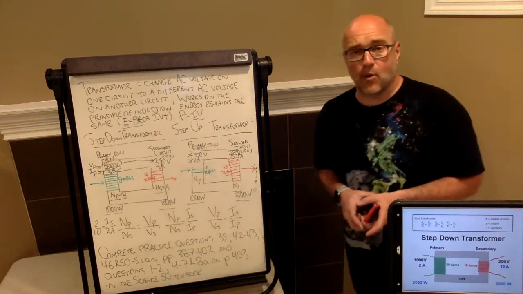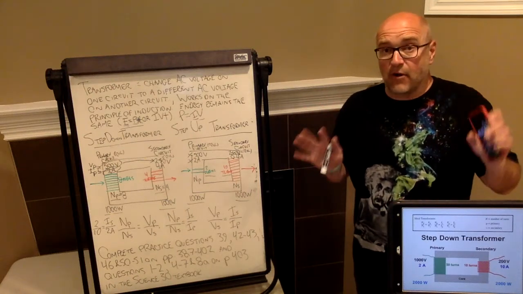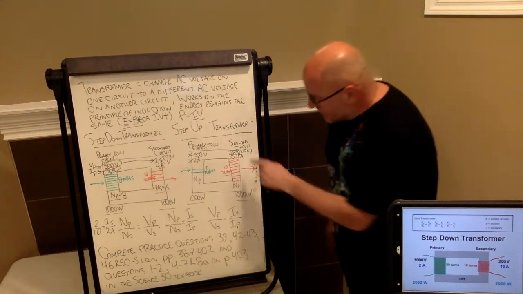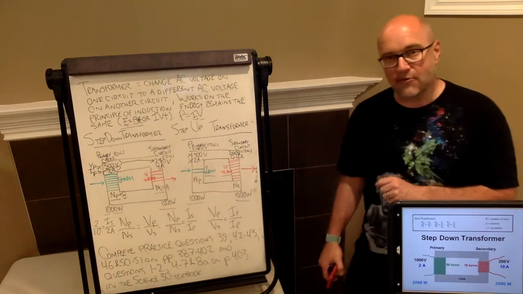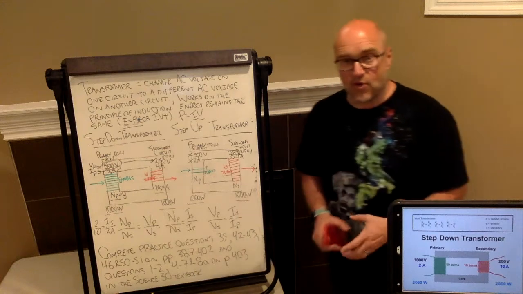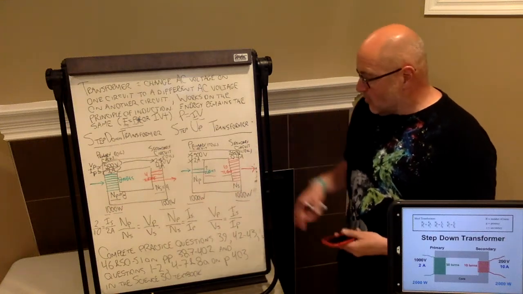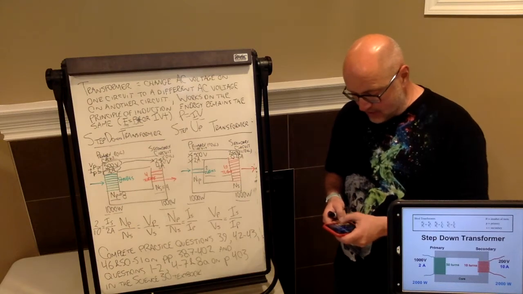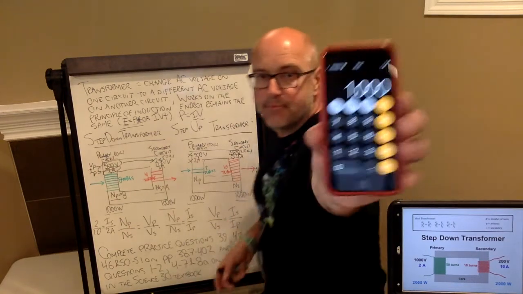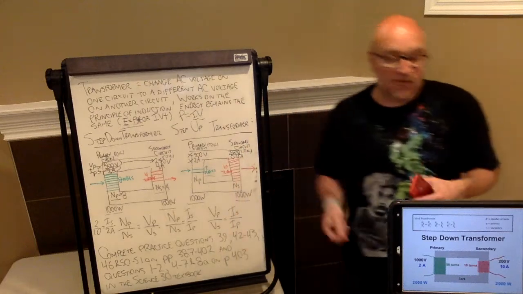Now, how can I check my work on this? It's very easy. In theory, these numbers multiplied together should be equal to these numbers multiplied together over here. 500 times 2 is going to give me 1,000 watts. What's 2,500 times 0.4? I'm going to guess that it's 1,000. Bam, 1,000. That's the check.